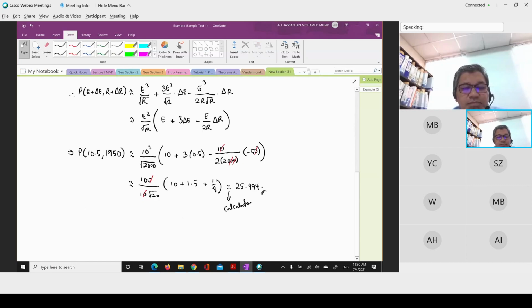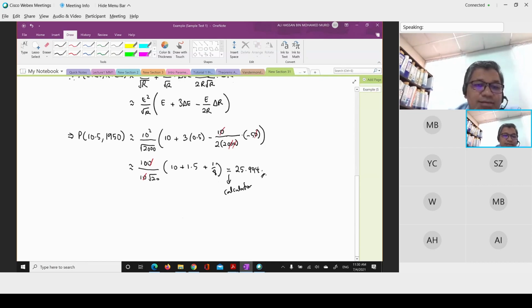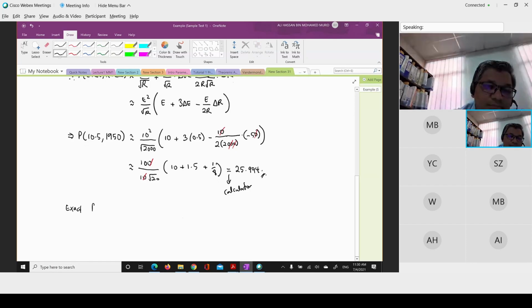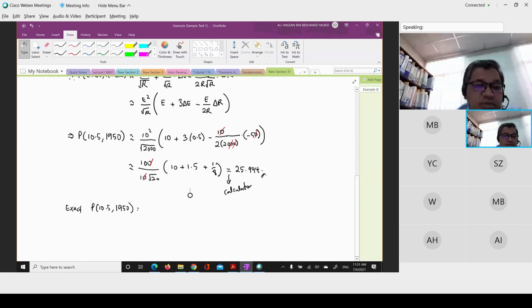But we can calculate this exactly, right? Using a calculator, the exact value. I can also calculate the exact value, because we know the formula.